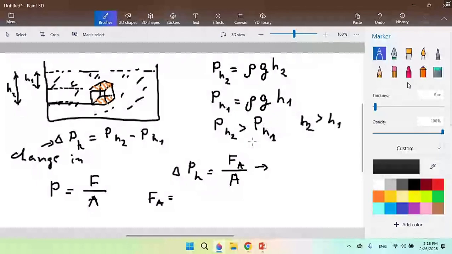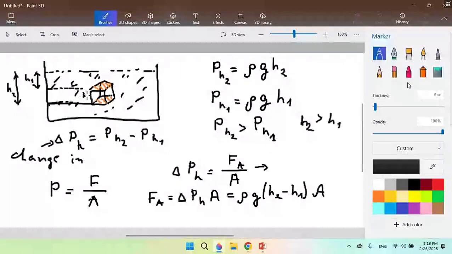So thus I can write delta p multiplied by A. Delta p is rho g, H2 minus H1, times A. What is H2 minus H1?